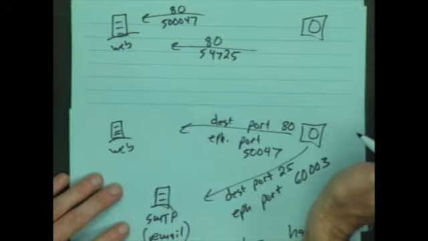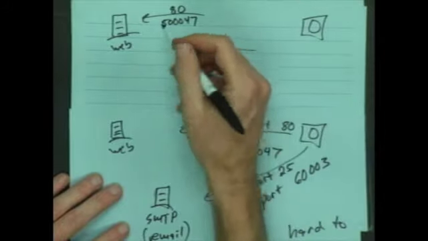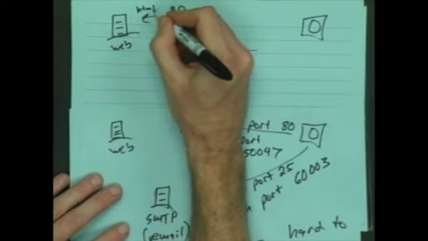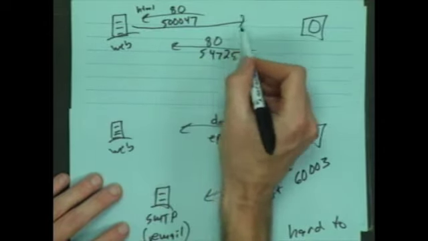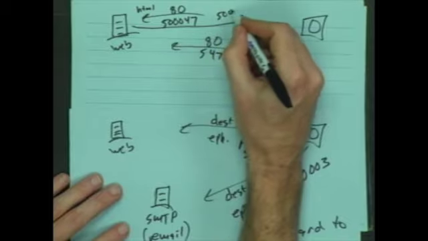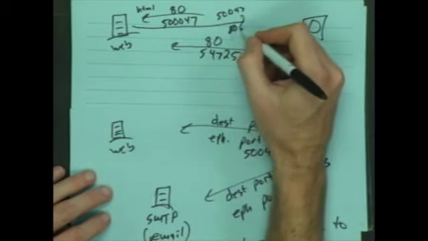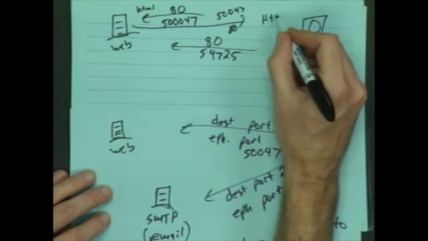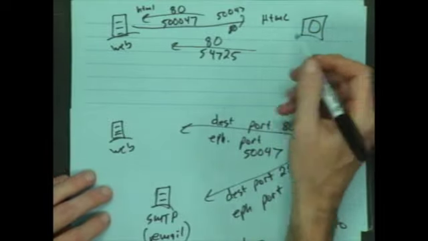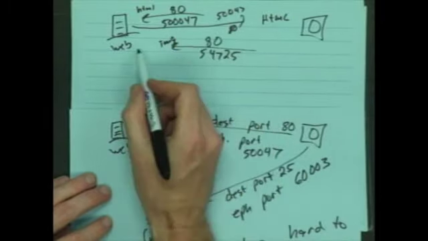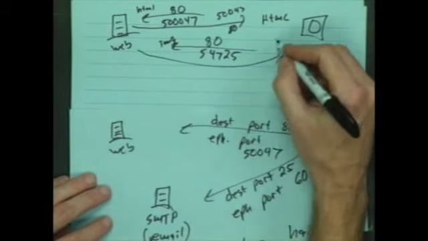And I can get different things back. So I can ask for some HTML, and I will get HTML back. So it's from 50047 and 80, so here's my HTML. While I'm downloading that HTML, I can request an image, and then I can get the image back.